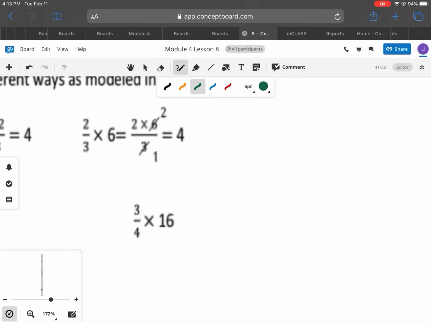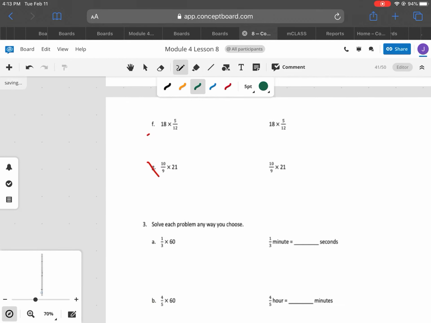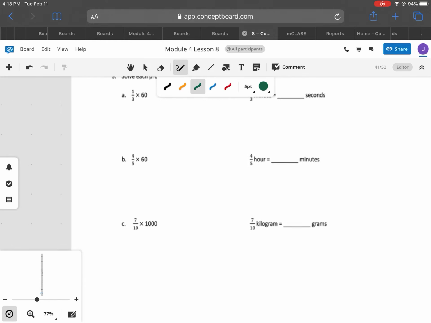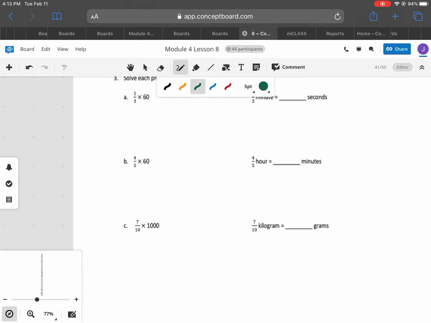Oh, sorry about that. Let me show you another problem that is something that can help you. Here we have some time. 1/3 of 60, 4/5 of 60, 7/10 of 1,000. Let me work out something similar to it. So then I'm going to go 1/4 of 60. And 1/4 of 60, we'll do 1 times 60 over 4, and actually, I'm going to divide here.